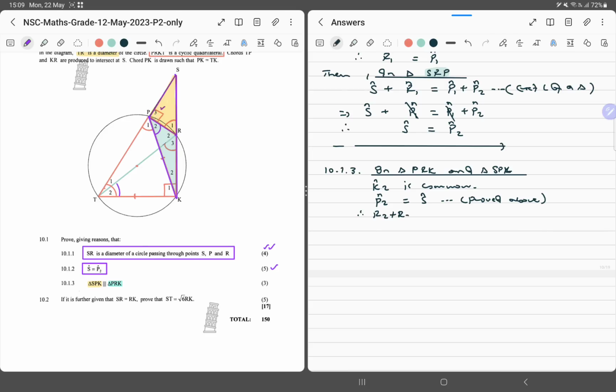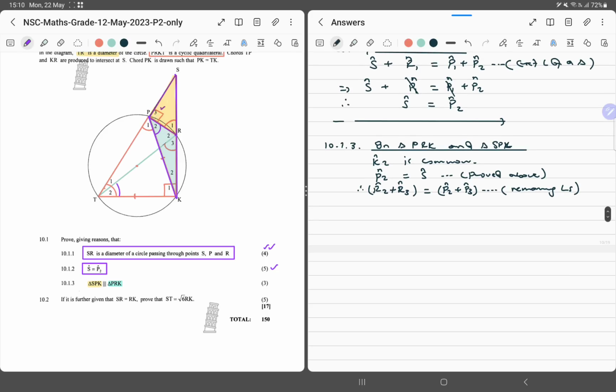R2 plus R3 is going to be equal to, in that other one, P2 plus P3. These are the remaining angles. Or you can say 3 angles of a triangle, whatever.